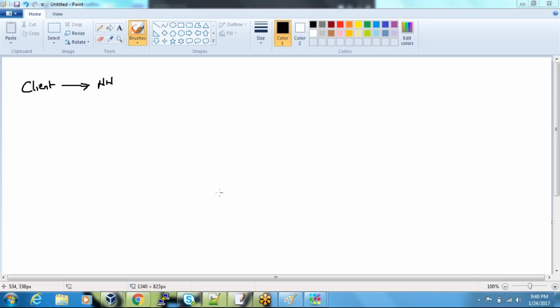The next one is a data node. What is the data node? Data node is the slave node, which actually stores the data in their machines in the form of blocks.